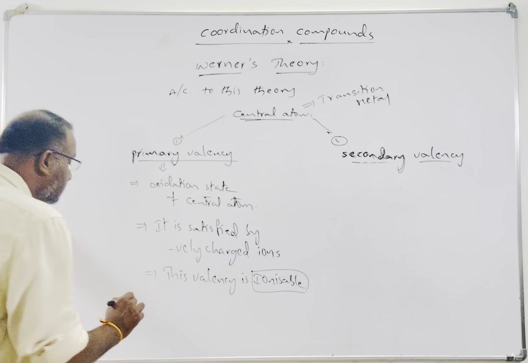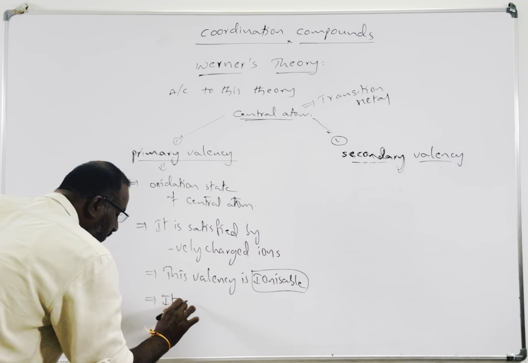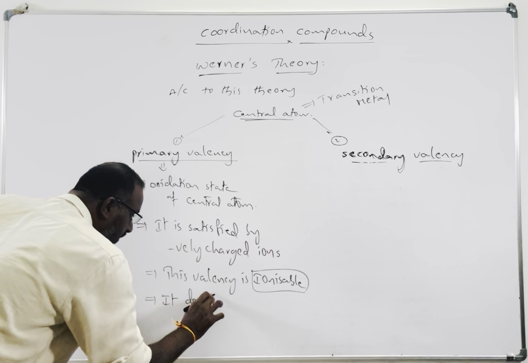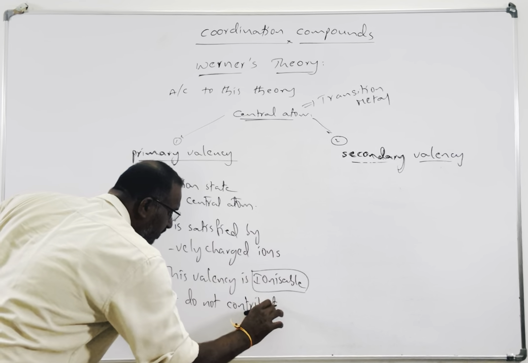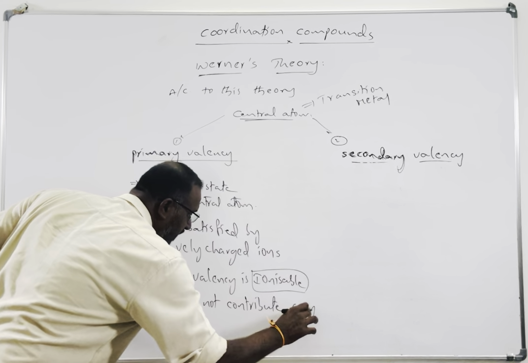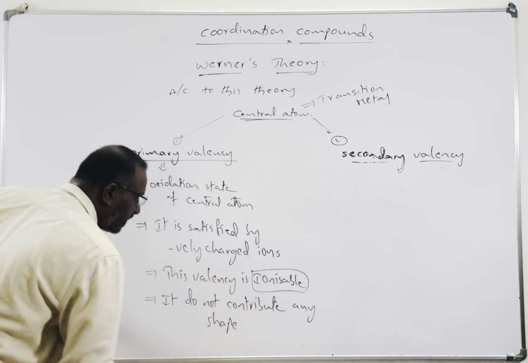That's why this valency does not contribute to any shape. The shape of a complex compound never depends upon primary valency.